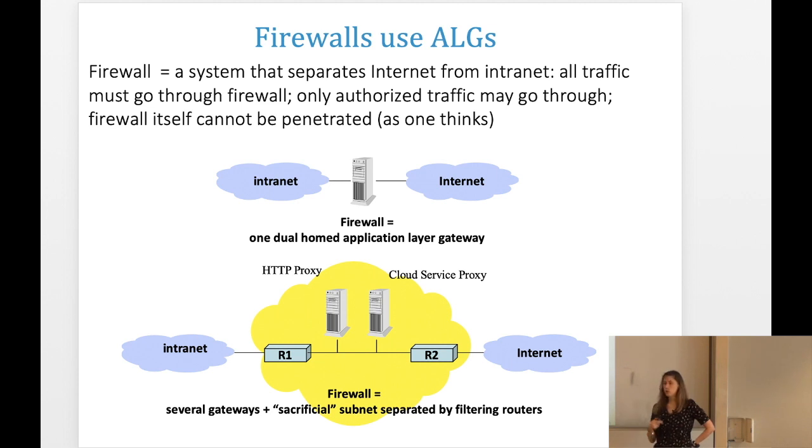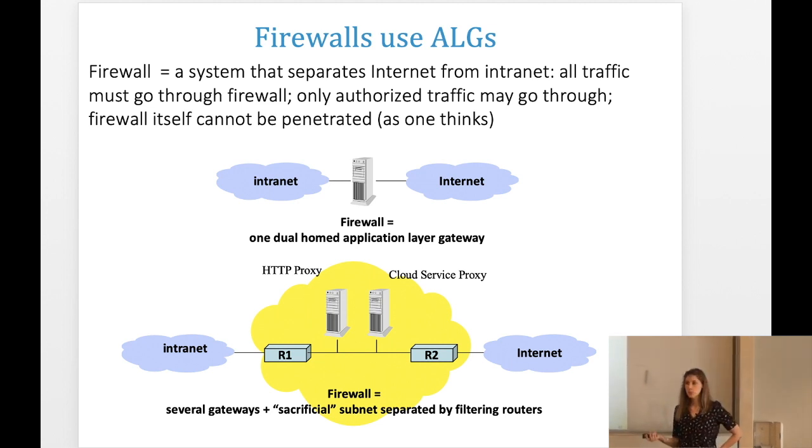So usually for bigger companies, we have more advanced schemes like this one, where we have routers before and after the application layer gateways, and these routers will filter the communication. It will allow some of the messages to be transferred, or will drop some that by default should not go through, for instance.